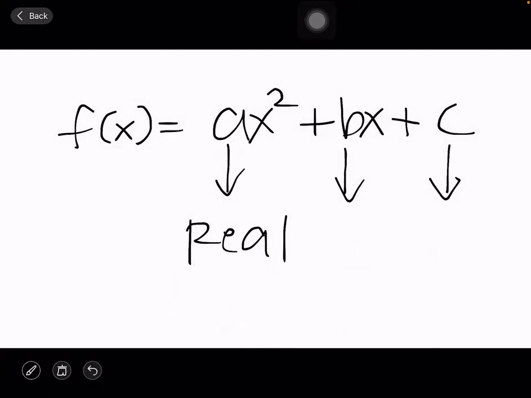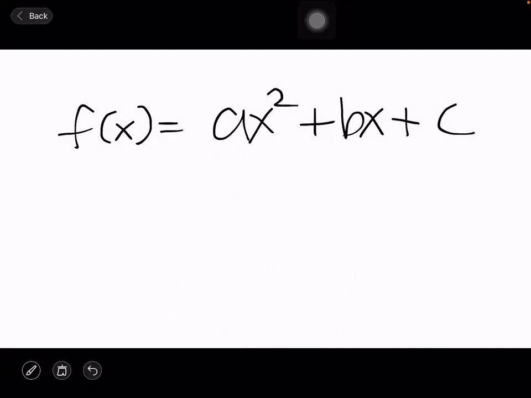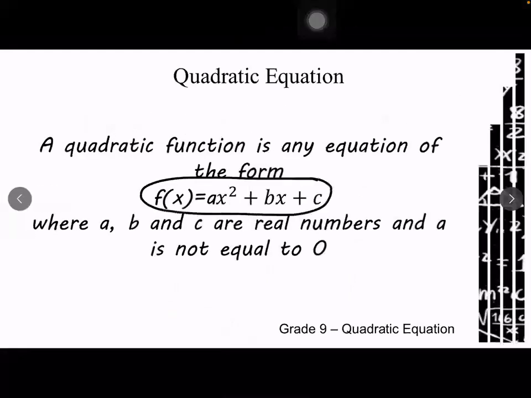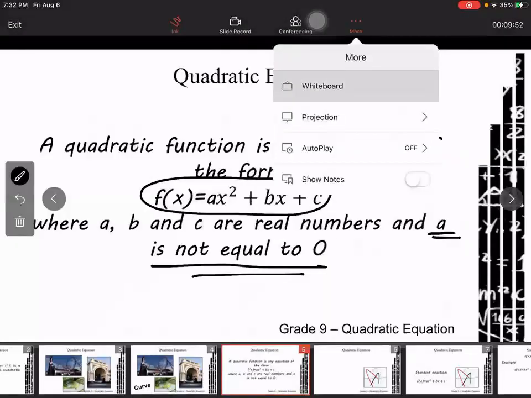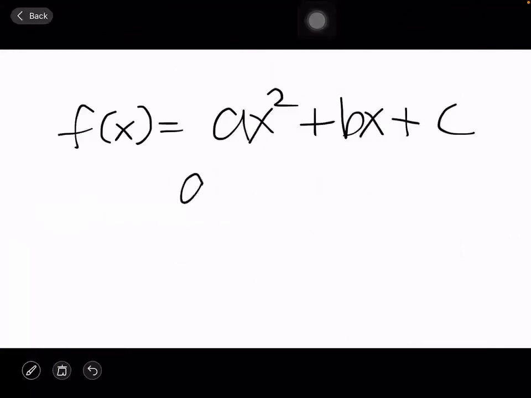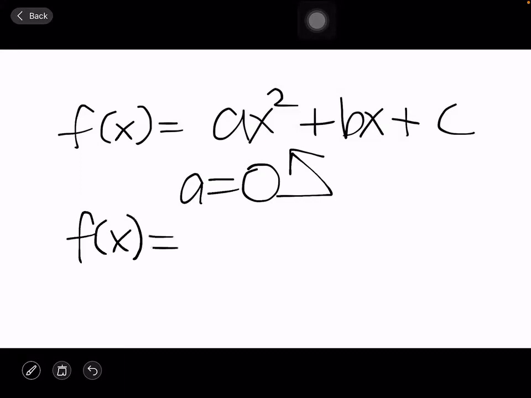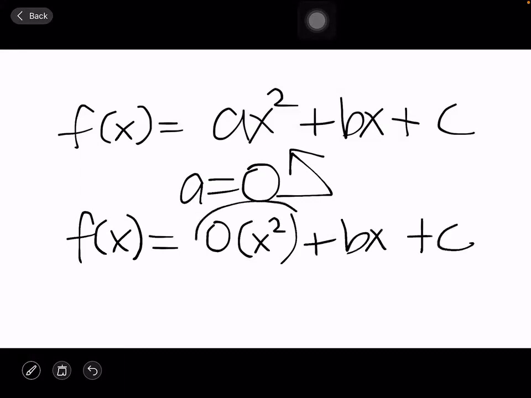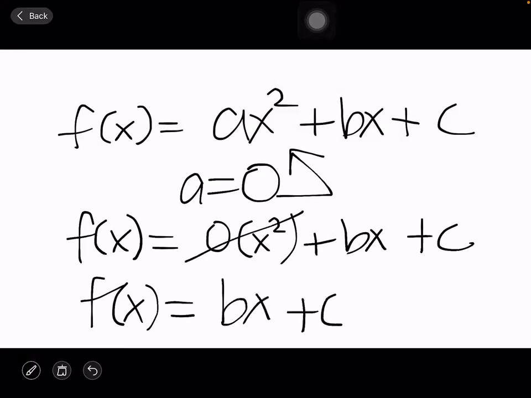According to our definition, from our function or expression, the letter a should not be equal to 0. The reason why is that if we let a be equivalent to 0 and substitute it into our expression, what will happen? It will become f of x is equivalent to 0 multiplied by x squared plus bx plus c. Simplifying, 0 times x squared becomes nothing, and it will remain as bx plus c.